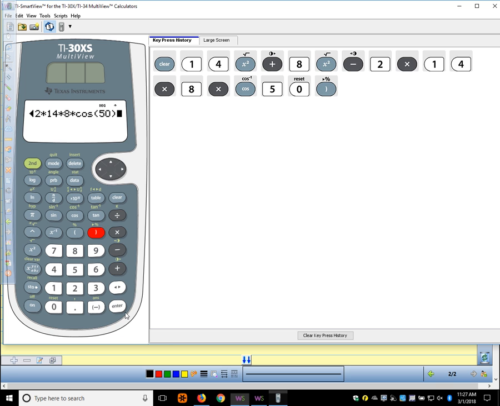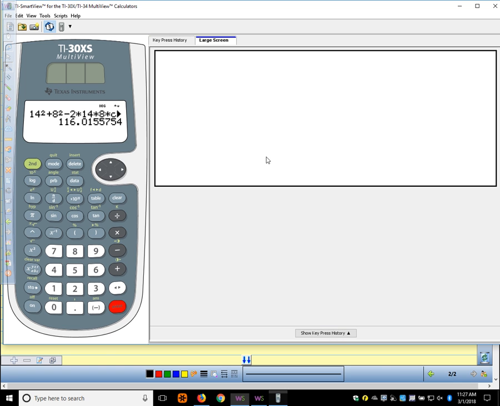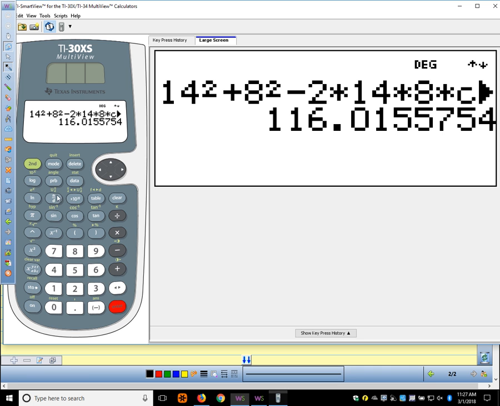I hit enter, and I get 116.016. So that's our a squared value, and then we can take the square root. To take the square root on these calculators, you can do second, the square root is right here. Second square root, and then second answer.